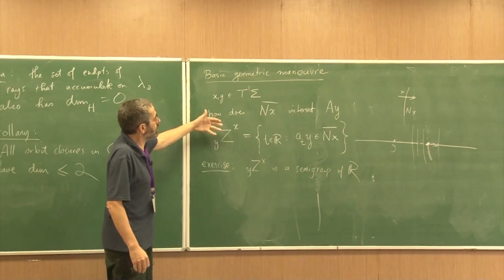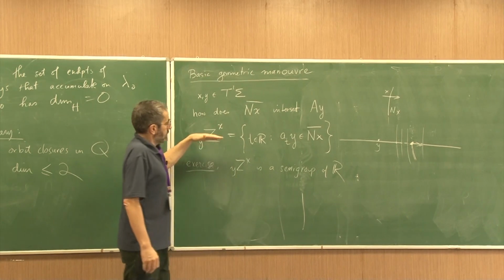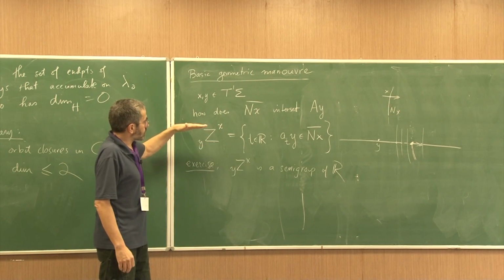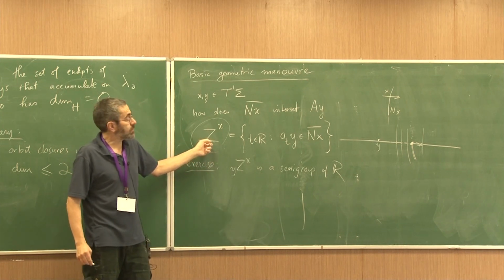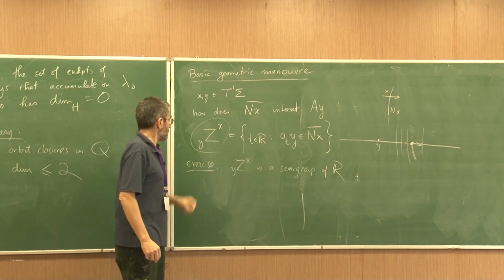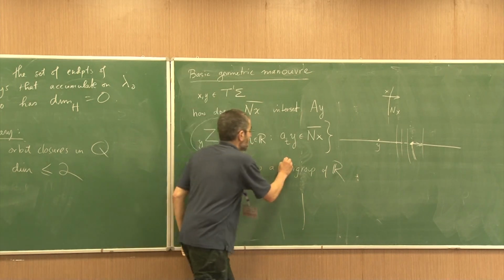And what I'm going to learn about it in the end is that our analysis of orbit closures will follow from understanding this set of return times, of eventual return times. And this set, I'm claiming that we will prove, is a closed semigroup.